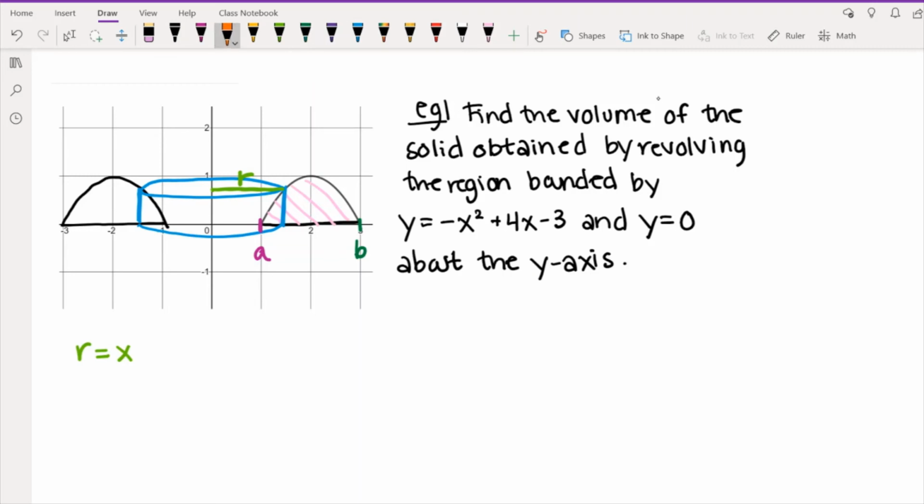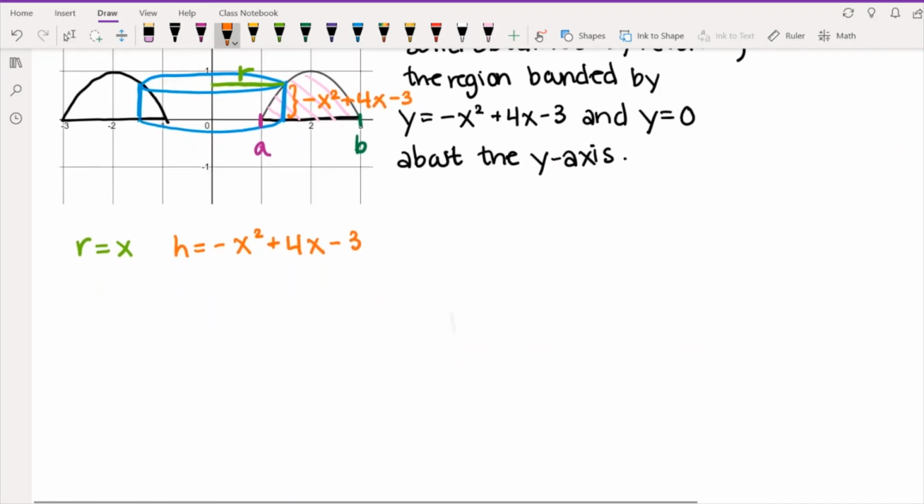And then how do you find the height? Well, the height is just equal to the function in this case. So the height is equal to negative x squared plus 4x minus 3.